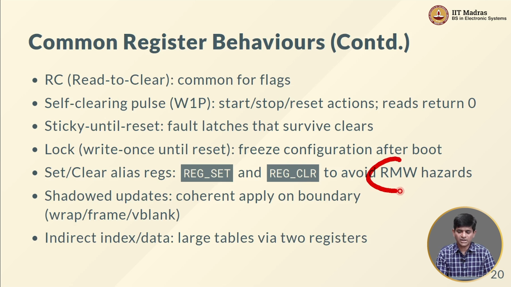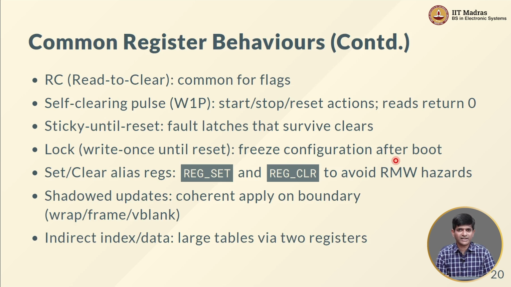This is what is called a read, modify, write operation, right. I first have to read back 32 bits, modify one of them and write back all 32 bits. That way I can be sure that all the other 31 bits remain as the same value that they had earlier, just one bit alone has changed, right.